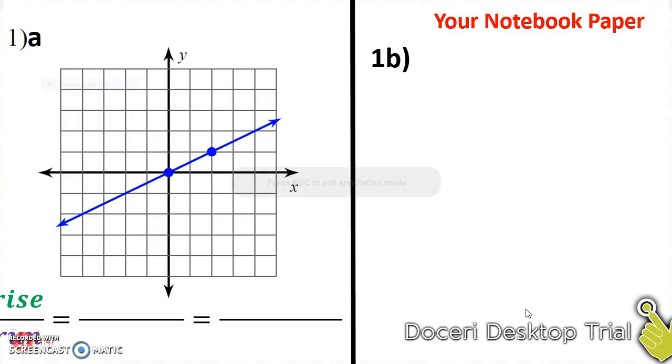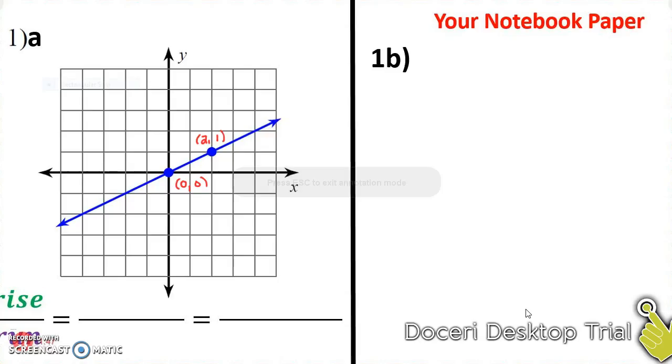On this line, they've given you 2 points that have whole number coordinates. They're going to make it real easy for you to calculate slope. So if we look at the first point, the point that is right there at the origin, we know the first point has coordinates 0, 0, and the second point has coordinates 2, 1.